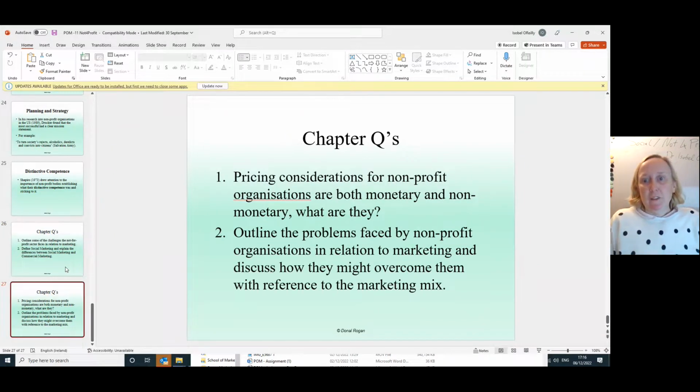Number 3, pricing considerations for non-profit organizations are both monetary and non-monetary. What are they? And finally, outline problems faced by non-profit organizations in relation to marketing and discuss how they might overcome them with reference to the marketing mix. So these could be either a 10 mark or a 20 mark question.